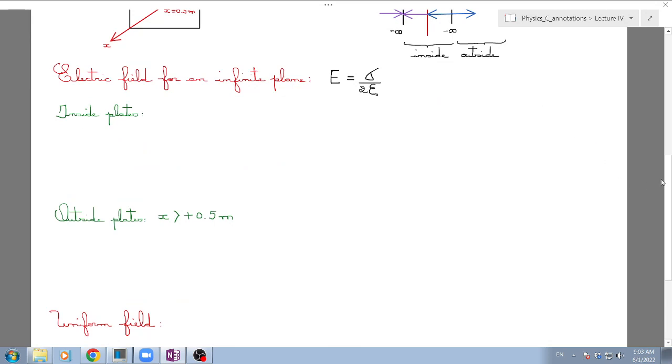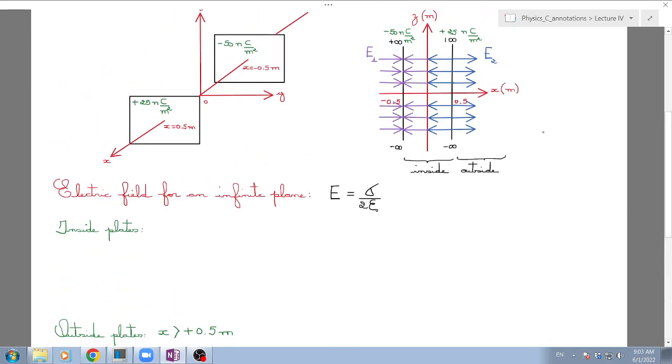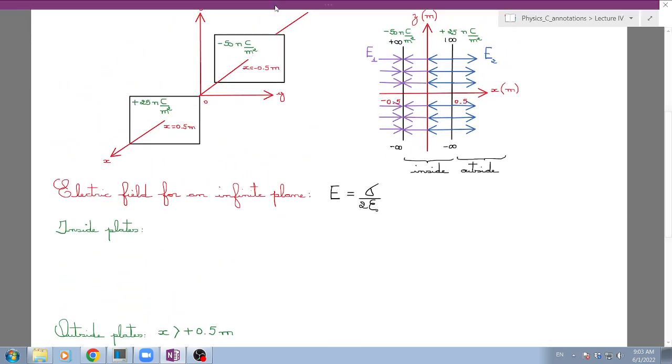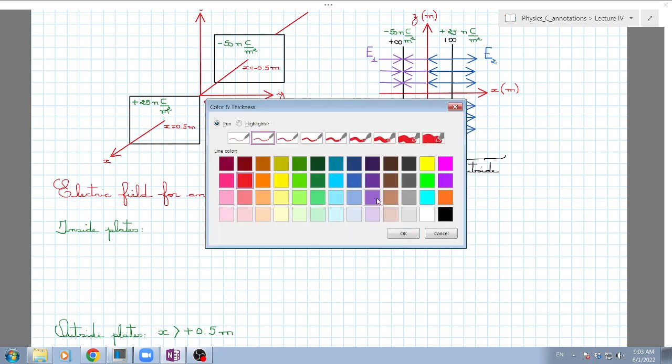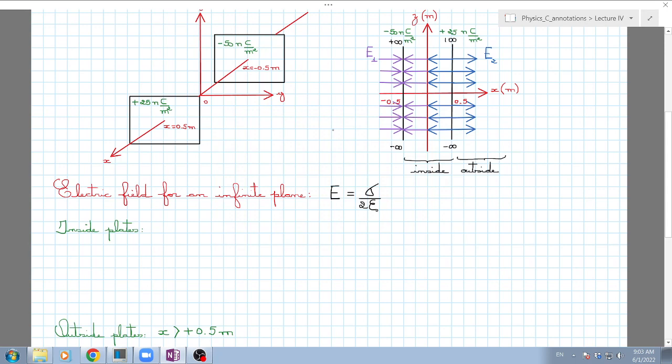Let's represent the vectors here, putting in colors so they're easy to recognize. I'm going to represent this electric field E1.